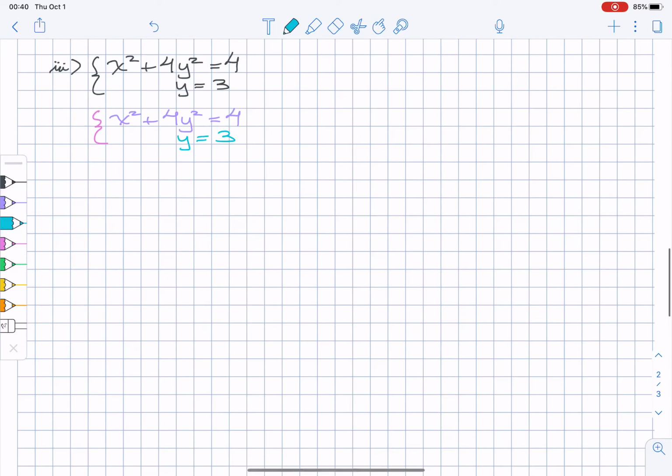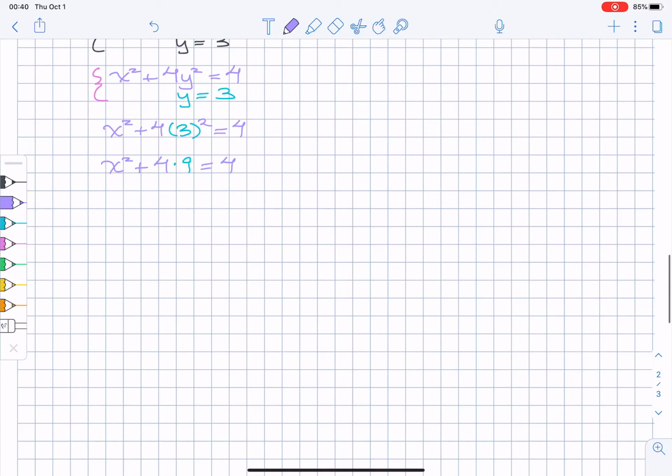So without further ado, this gives us x squared plus 4 times 3 squared is equal to 4. So x squared plus 4 times 9, pardon me, is equal to 4. If I have 1 times 4 minus 9 times 4, I get negative 8 times 4, which is negative 32.